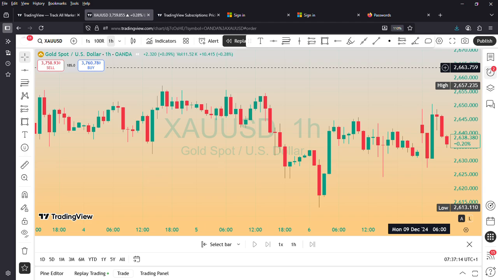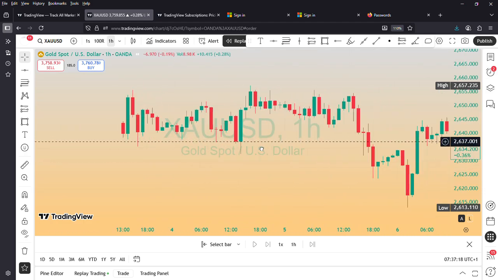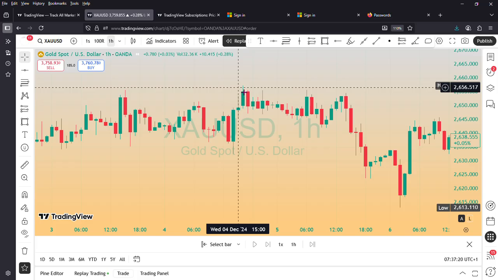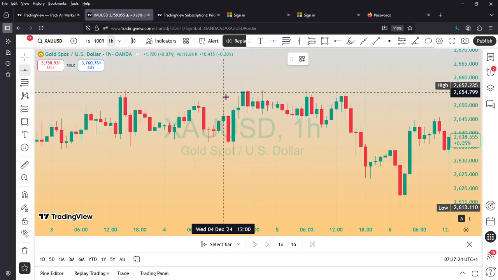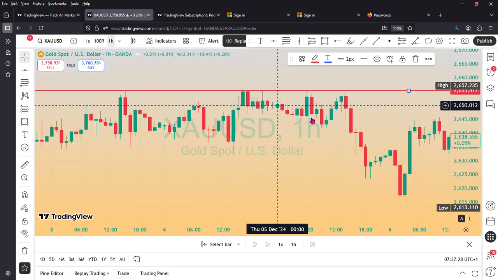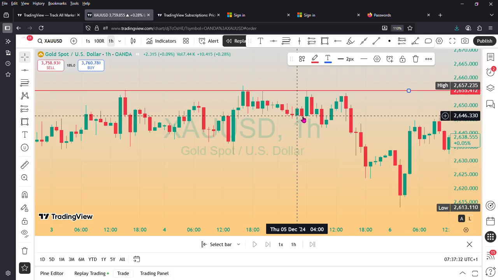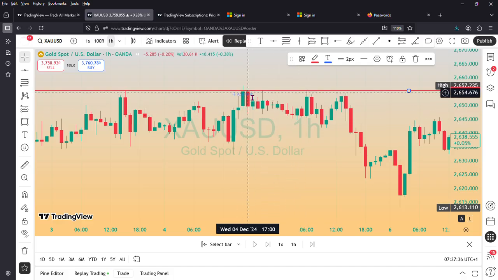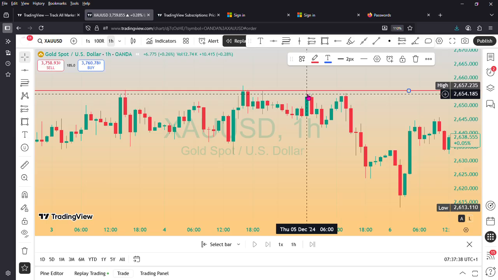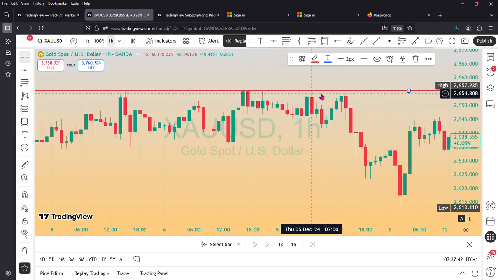But for me, market respects zones. You see this area now. As the market came to this zone, it had a sell off. As it sold, it still came back again and respected that same area. That means there is something the buyers and sellers now have in common here.